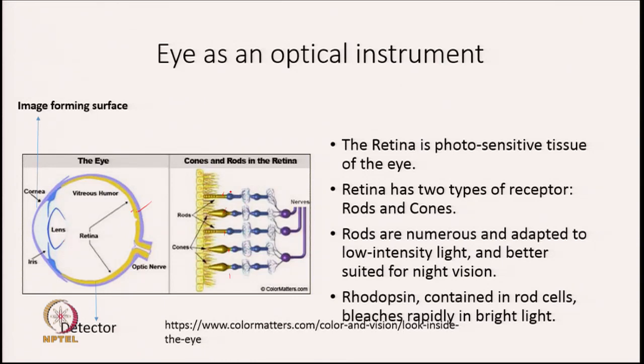Rods are numerous and adapted to low intensity light and that is why they are better suited for the night vision. But rhodopsin which is contained in rod cells bleaches rapidly in the bright light and so rods are not active in the presence of light.